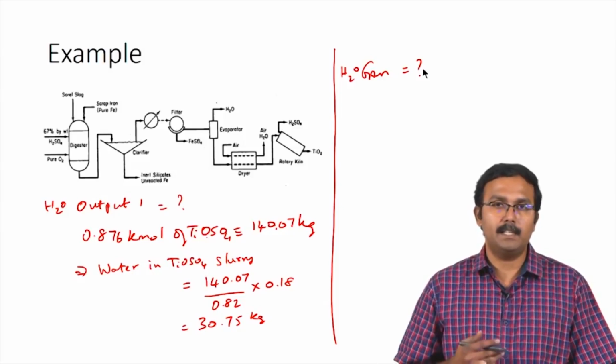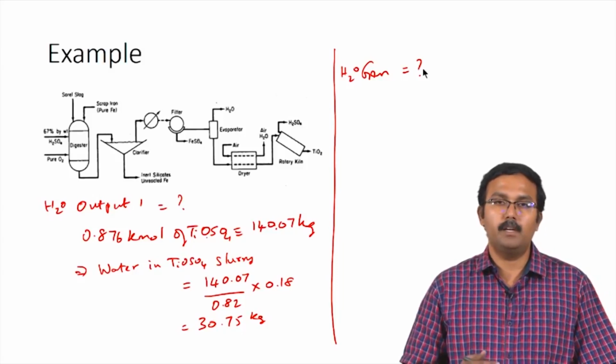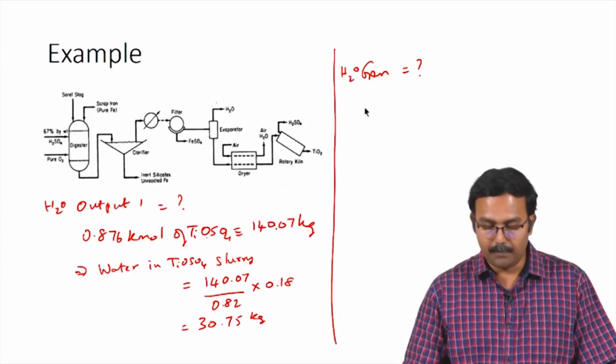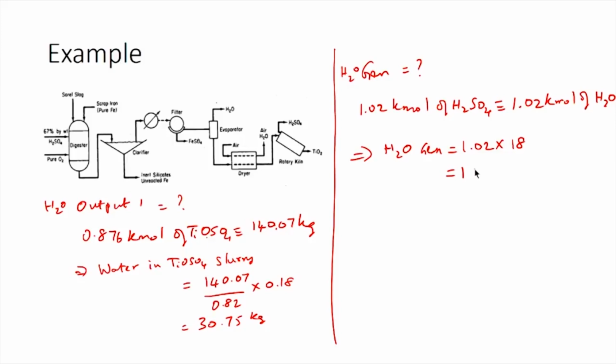Based on the information that has been given to us, we know that 1.02 kilomoles of H2SO4 has been consumed. So, 1.02 kilomoles of H2SO4 consumed would have resulted in the formation of 1.02 kilomoles of water. So, this implies water generated would be equal to 1.02 times 18, giving you a value of 18.36 kilograms.